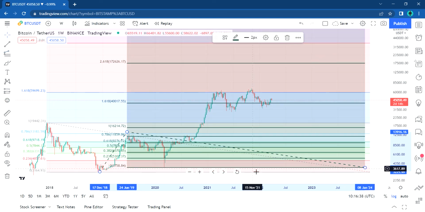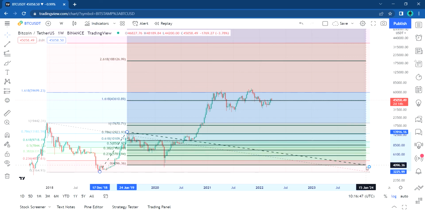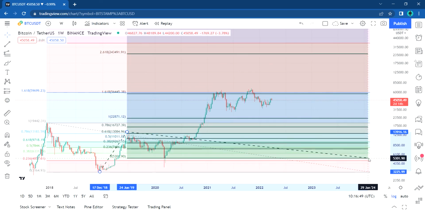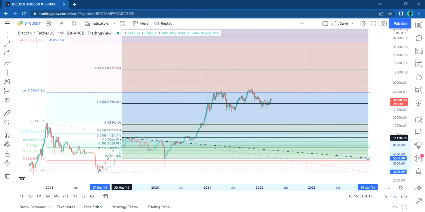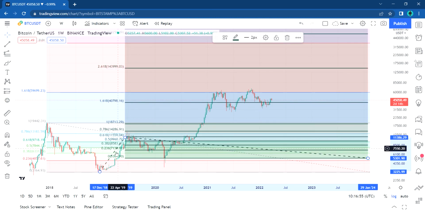Now again, it depends how you like to measure things. Do you like to measure things on closure, or on wicks, depending on how you trade? But if you're a long-term investor, you want to look for closures rather than wicks, because a wick just wicks down for a short period of time, but the price really doesn't close there.